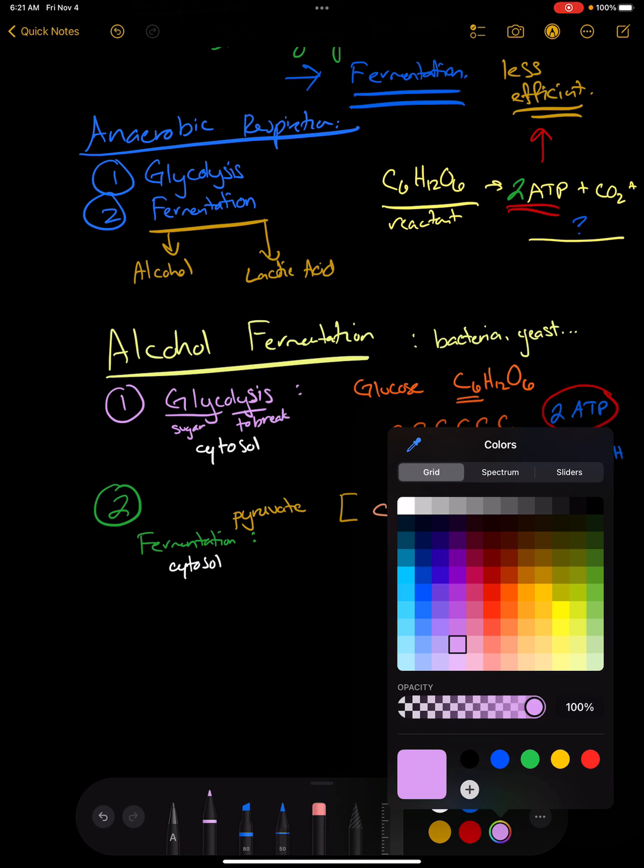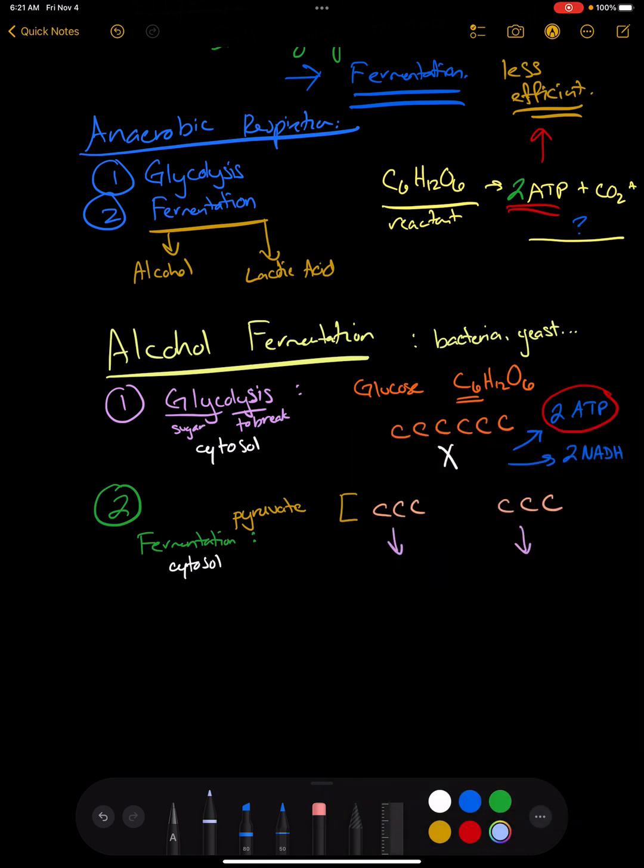And since this is alcohol fermentation, I'm actually going to turn those into alcohol, right? In alcohol, this is where we get beer. This is where we get bread, because remember, bread comes from yeast.